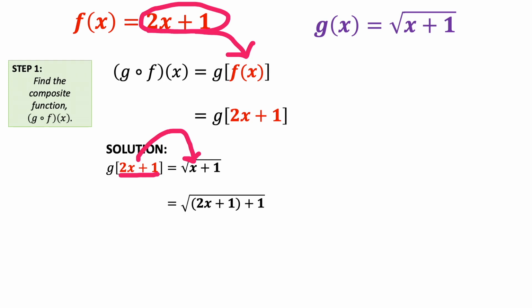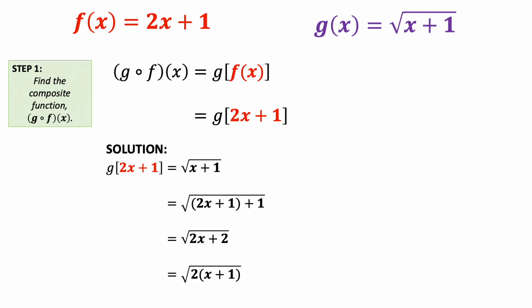Since 1 and 1 are like terms, we can combine them. That should give us 2. Therefore, our equation now is square root of 2x plus 2, which we can also rewrite as square root of 2 multiplied by x plus 1, since the common factor of 2x and 2 is 2.